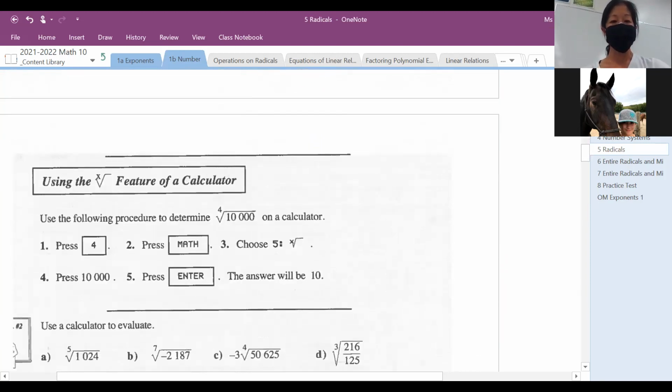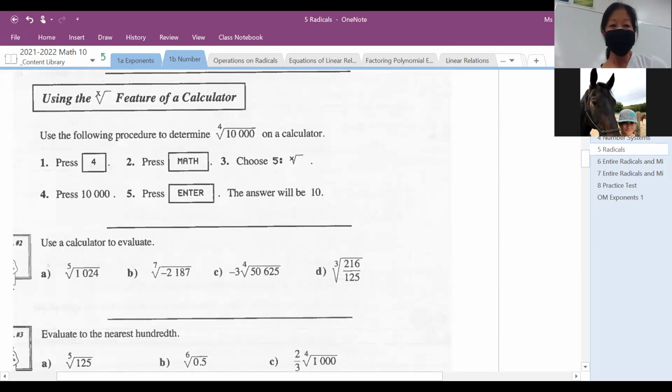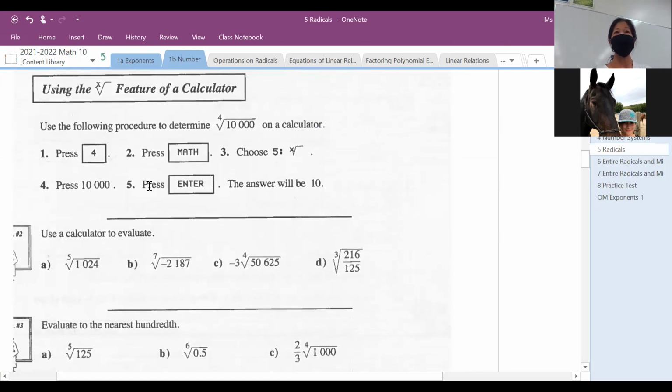Okay, moving on. This is learning how to use your calculator. So take out your graphing calculator if you've got it. If you don't have it, here's a place where your phone would be appropriate.